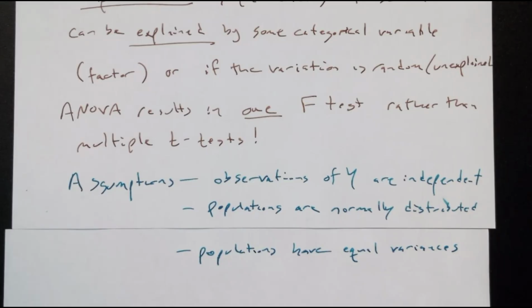But with these three assumptions, I should be able to test for my means directly. I'm going to tell you right now, 100% of the time, this calculation gets done in technologies. I will never, ever do an ANOVA by hand, ever.